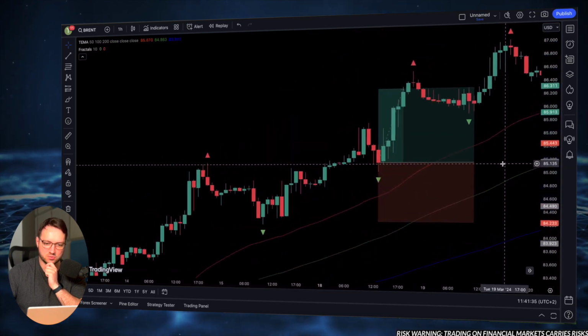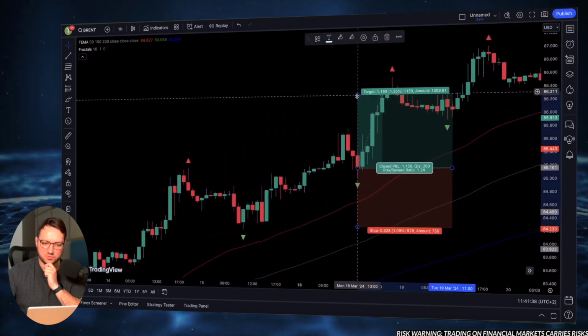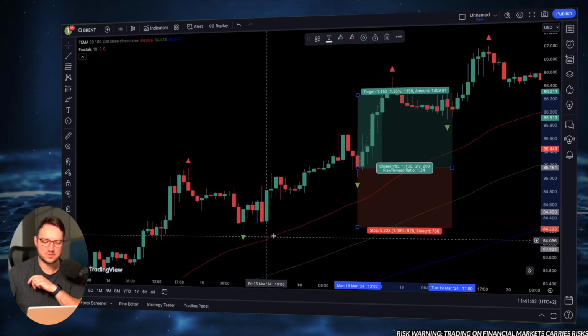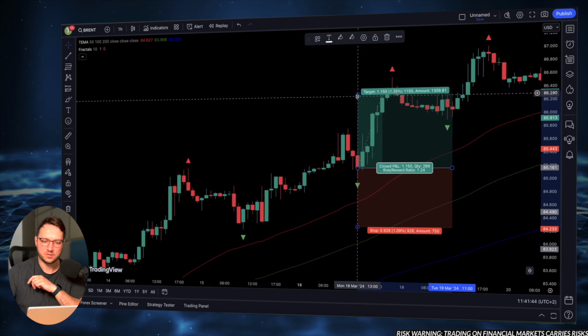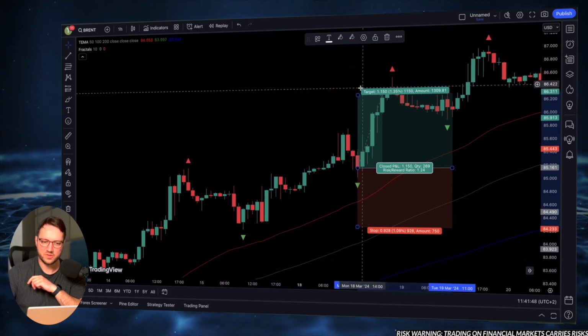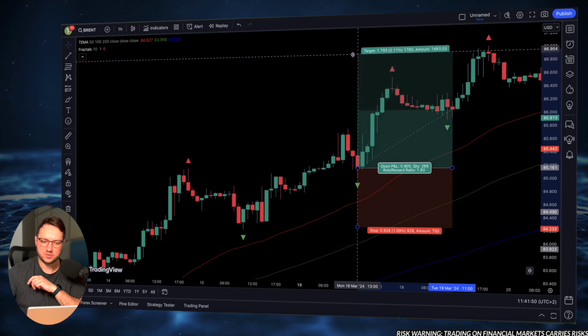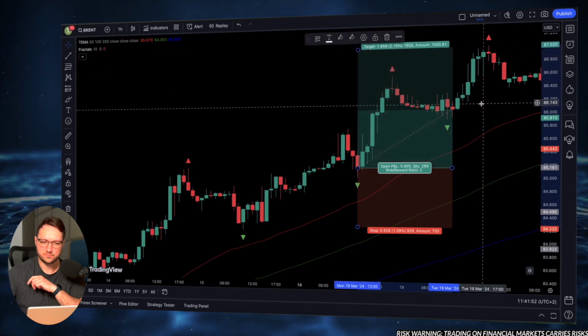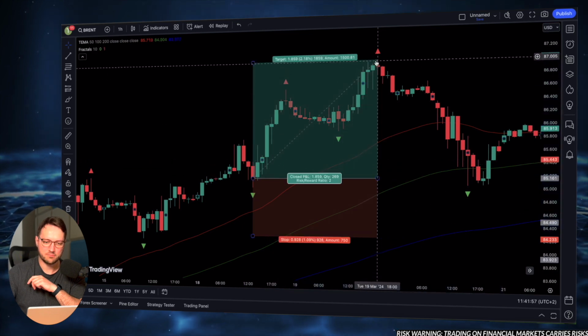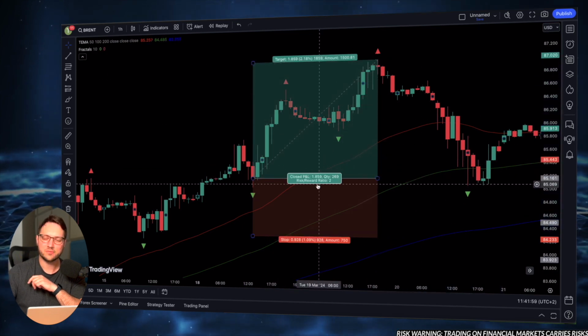Let's check how this would turn out. Of course, risk reward. So we are basically referring to this lowest point, this low that was created in the previous couple of hours. So mark 2 to 1 risk reward ratio. Barely, but we could make a profit on this one.